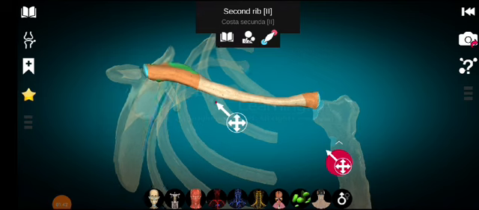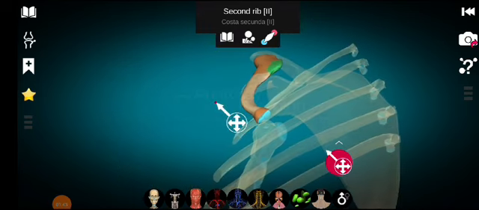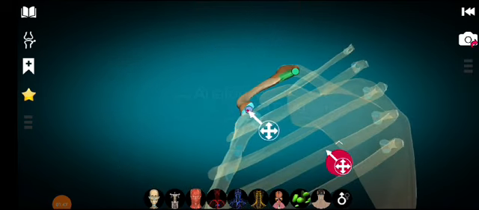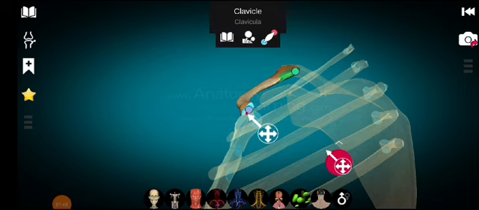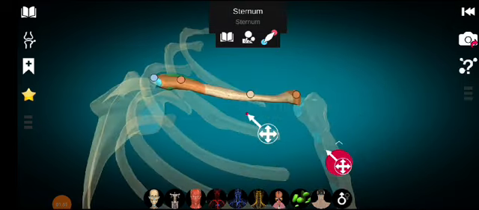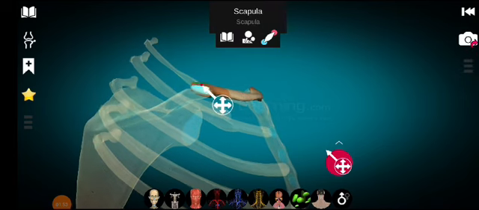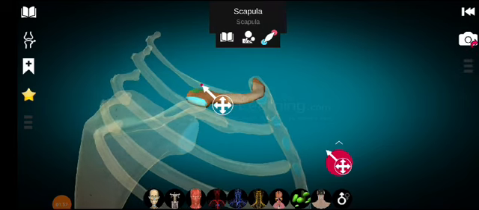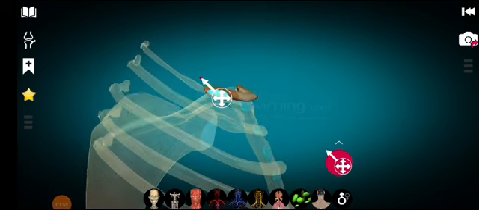The medial end is a little bit quadrangular, and the lateral end is flat from above downward.